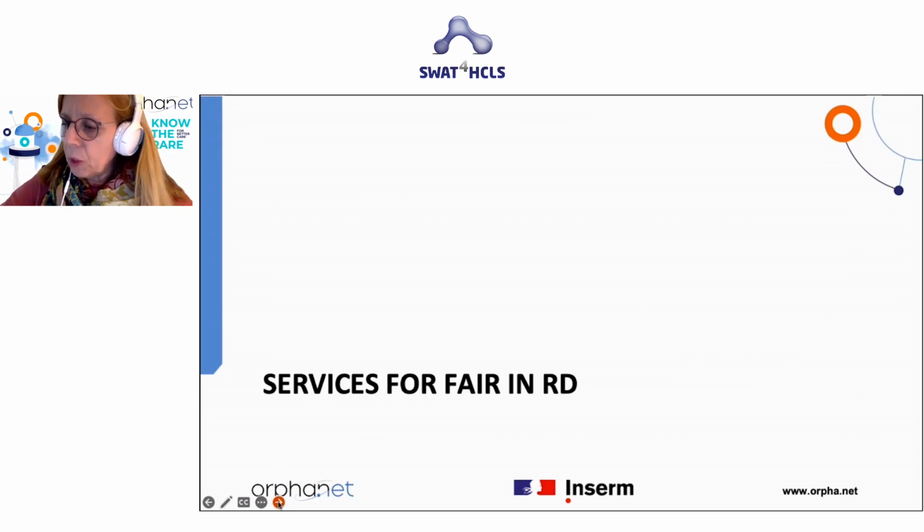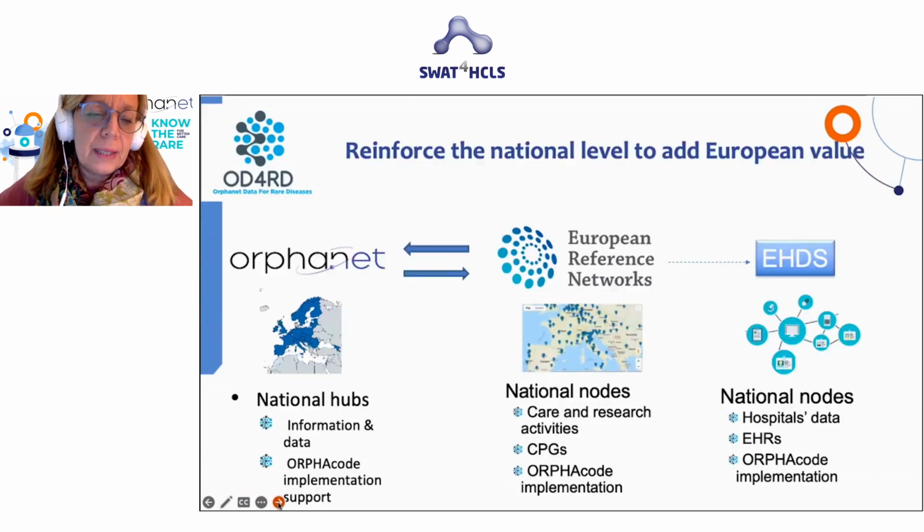Now I want to show you how we use that in different projects. It is very good to have a resource and to have the ORPHA codes, but now we need them to be implemented, in real life, in hospitals. And for that, we are working with the European Reference Networks that sit in hospitals across Europe.